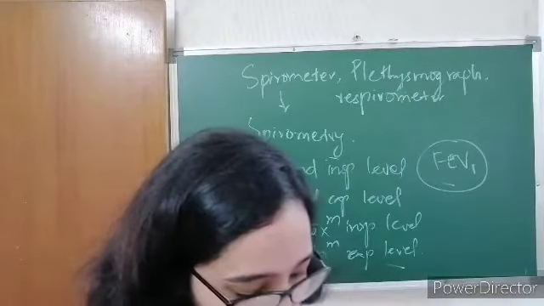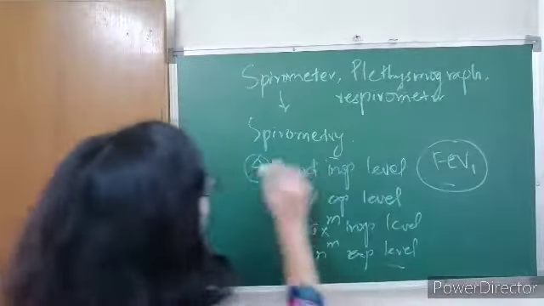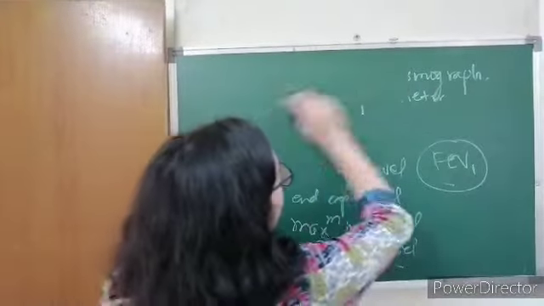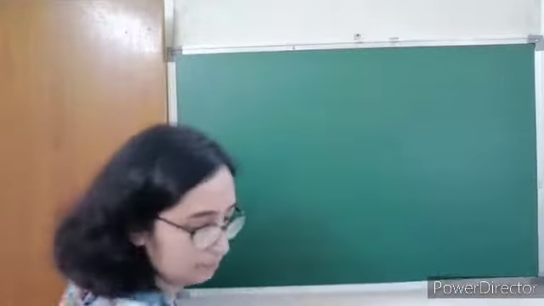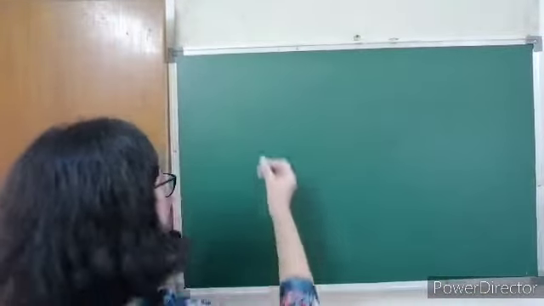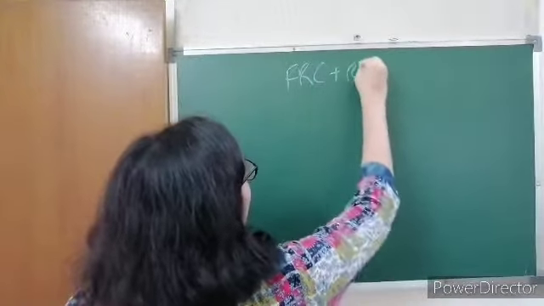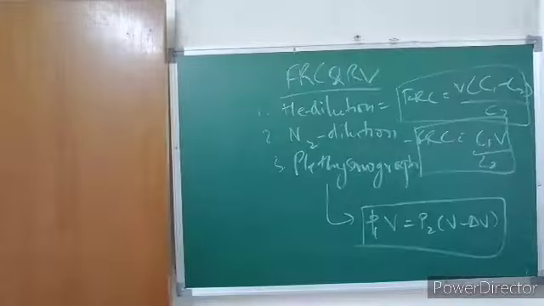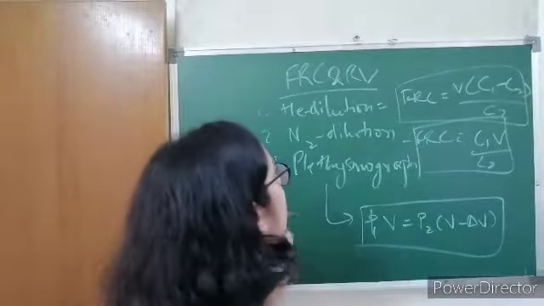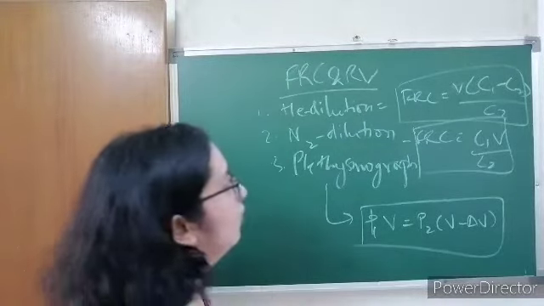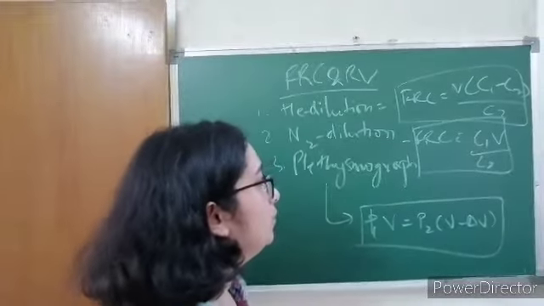Now we will see the measurement of functional residual capacity and residual volume. So measurement of FRC and RV, how is it done? These are the three methods which we will see to measure the FRC and RV. First, FRC is measured by V into C1 minus C2 by C2.